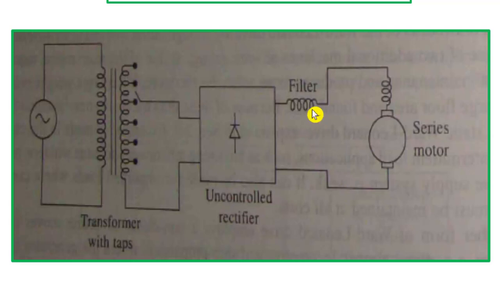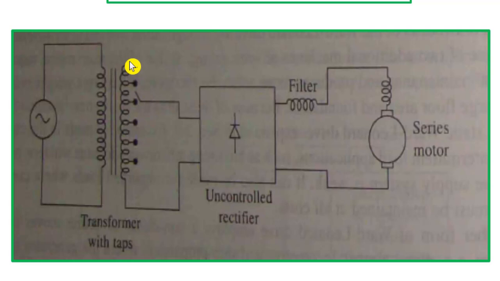Now how will we control the DC output voltage? As these are uncontrolled switches, we have to control the input voltage. This input voltage can be controlled using the tappings of the secondary winding.